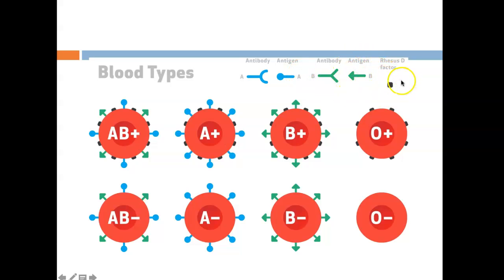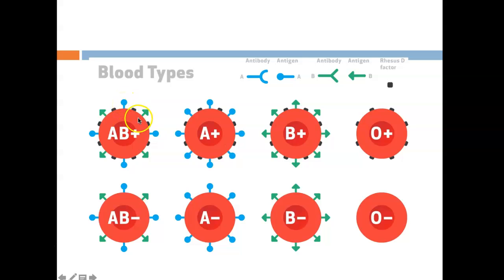Here is your Rh factor. If you have A, B, and the Rh factor on the red blood cell, you have everything. You have all the ID tags on there. So therefore, a person with AB positive blood can receive blood from anybody, because if you think about it, there's nothing that it could recognize as foreign. If it gets A blood type, it's like, hey, I recognize that.